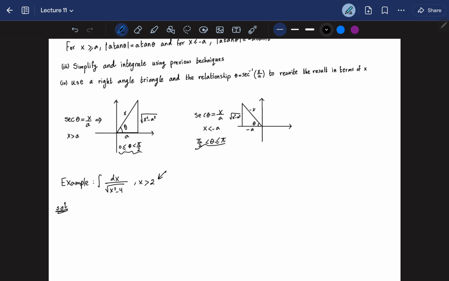Since x is bigger than 2, I know I'm going to use this triangle with this domain for theta. So here x is just 2 secant theta, so dx is just 2 secant tan. Let's plug it back in.